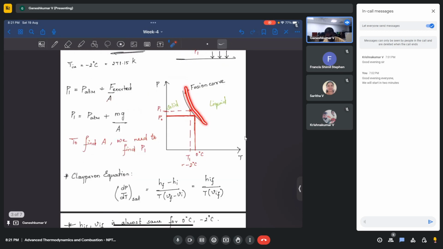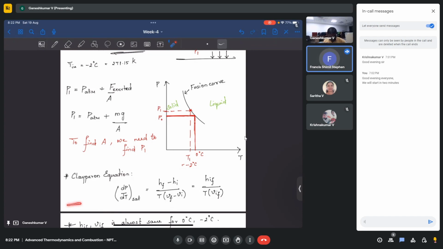So we do it only along the fusion curve. Along the fusion curve, how do the saturation pressure and temperature vary? We have a relation for it. So that is the use for this. Basically we could do experiments to find the saturation pressure and temperature for different pressures, but this equation gives us an easier way to find it.